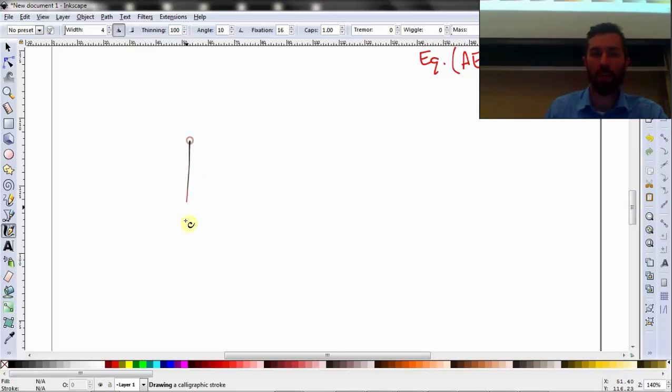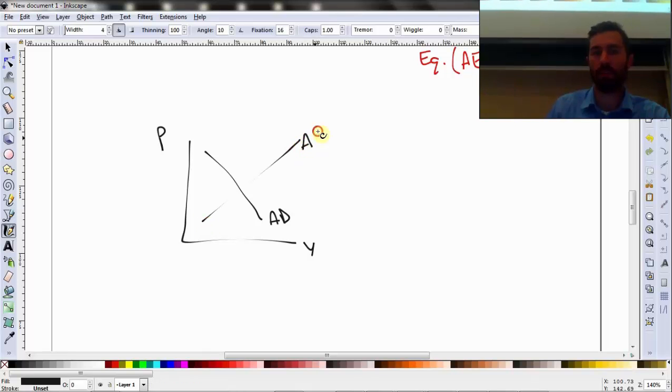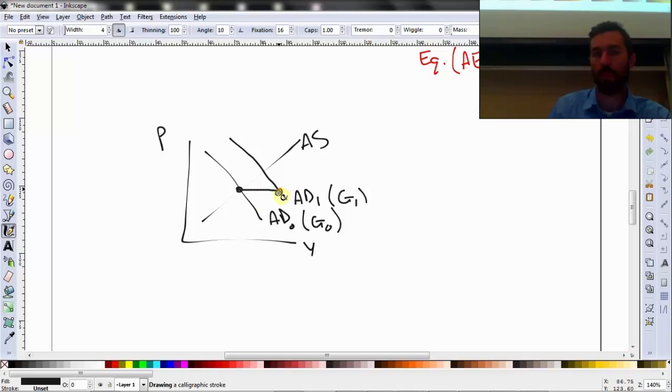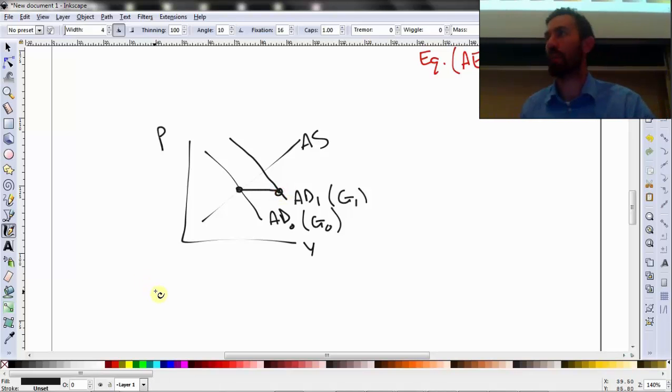If I had a situation where I'm plotting output against prices and I'm plotting aggregate demand against aggregate supply, and I shift my aggregate demand curve to the right, so AD0, that was with some government spending G0, and now I'm at AD1 with some level of government spending G1, that was the shift in the aggregate demand curve, right?